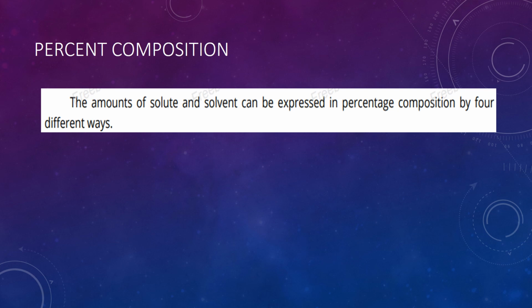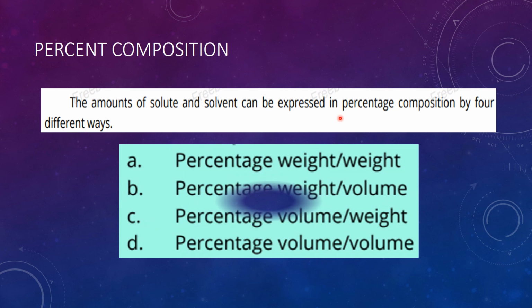Now first of all we will learn about the percent composition. The amount of the solute and the solvent can be expressed as percentage composition in 4 different ways. First one is the percentage weight by weight, in which solute and solvent both are calculated in terms of their weight.